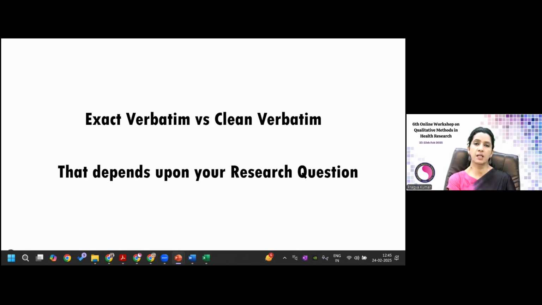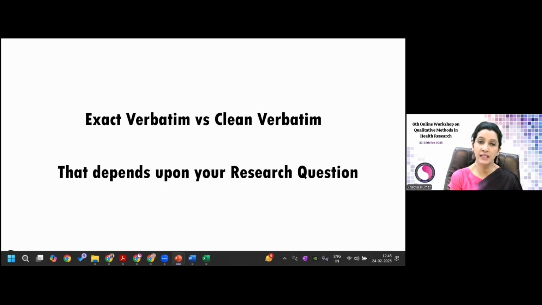Transcription has an exact verbatim and a clean verbatim. Exact verbatim includes emotional and non-verbal parts also, but it can be done only if you do the transcription the same day or the next day, because then you remember.